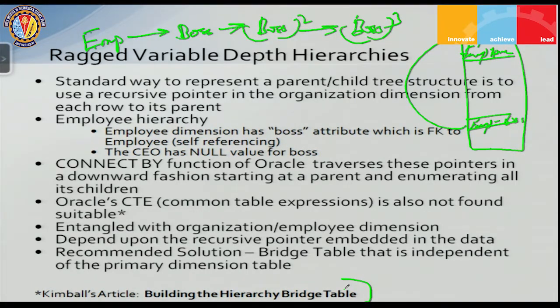So the second approach is that we use a parent-child relationship or a parent-child tree structure, but that also has its limitations because support that you typically find in relational databases is not adequate.